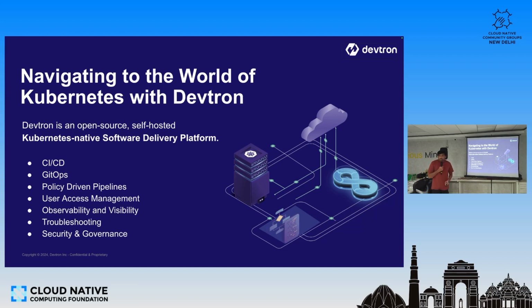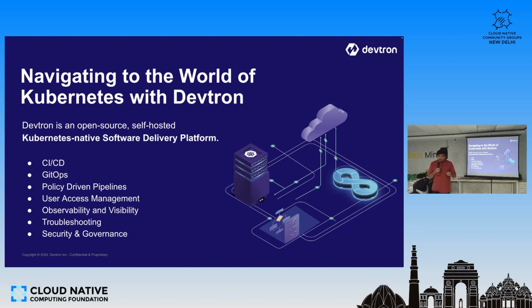Devtron has policy-driven pipelines. Policy-driven pipelines mean you can enforce some plugins for the developers, that is, you can enforce a workflow so that every app and every microservice that gets deployed should go through this. We have a plugin policy.